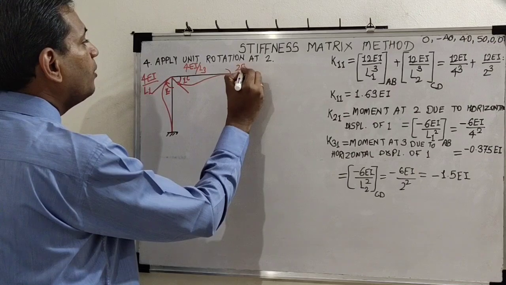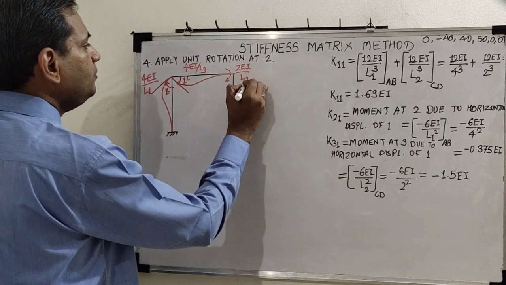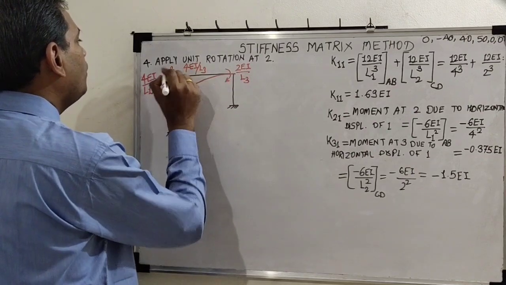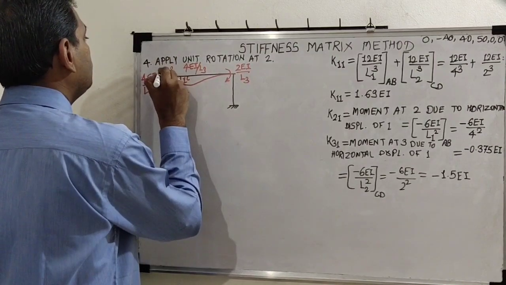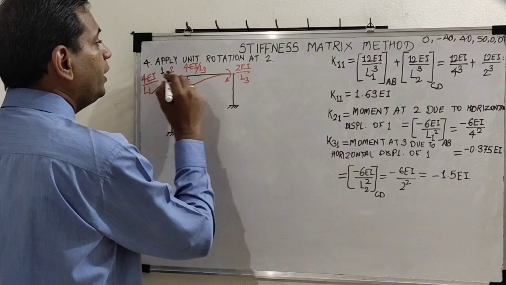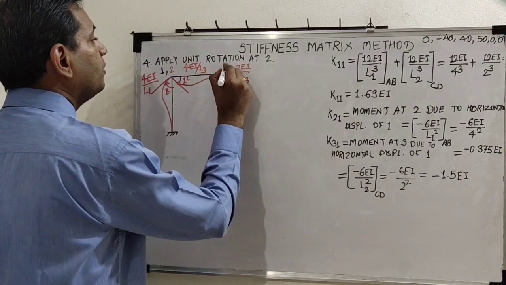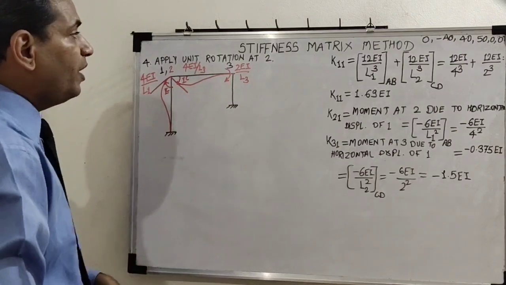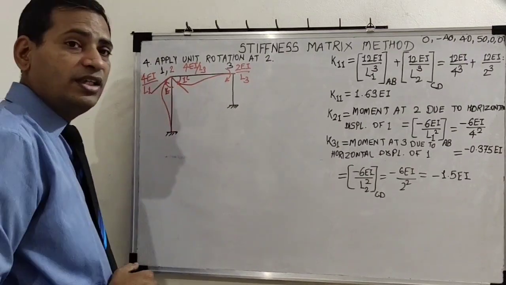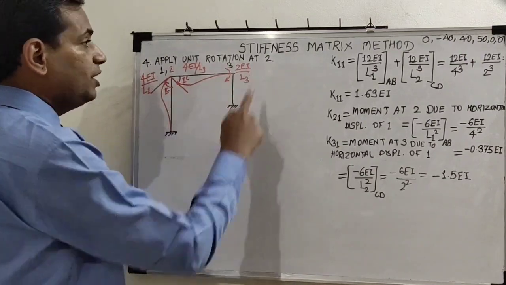So 2EI upon L3. So this is our second location. Our first location is 1 and 2 are on same point, and 3 is here. Okay. Now when we have applied some action on 2, what are the reactions induced on 1, 2 and 3? We have to find.